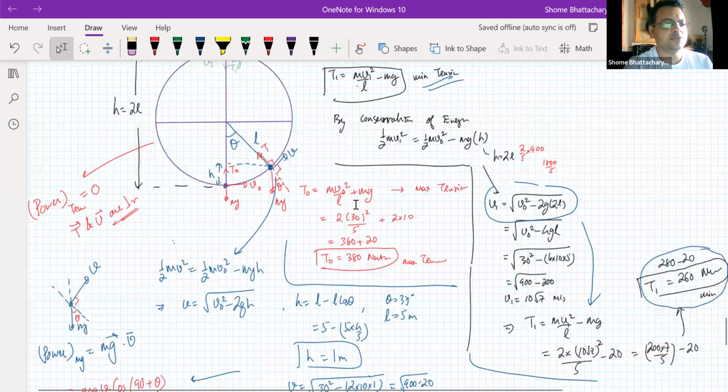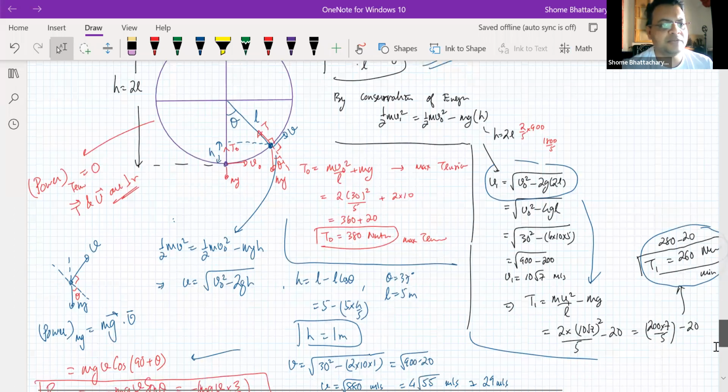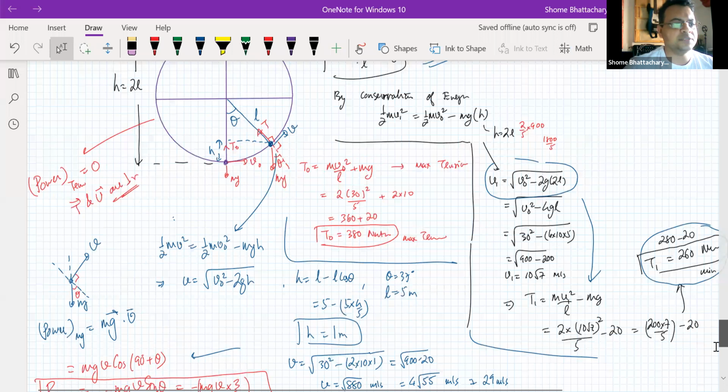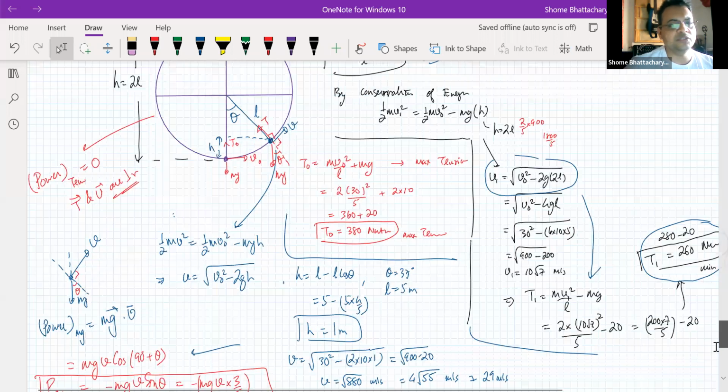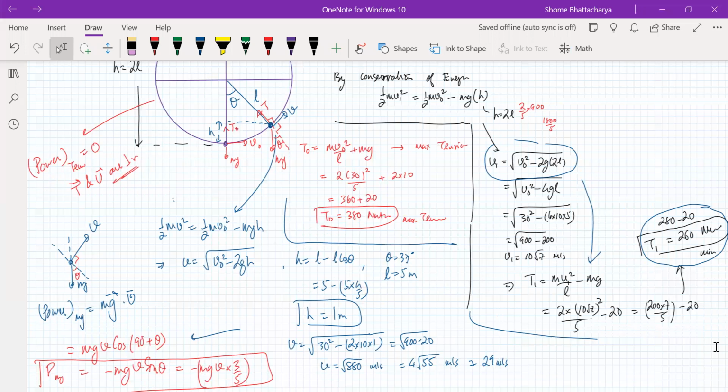It is mv square by L plus mg, where v is the initial velocity v naught. And at the highest point, the tension is T1, which is mv1 square by L minus mg, which is the minimum tension. So that was a separate part. And here the power is a separate part because we are calculating the power delivered by mg neither at the lowest point nor at the highest point, but at this in-between point where theta is 37, right? Okay, so that's what I took. Right. Okay, thank you.